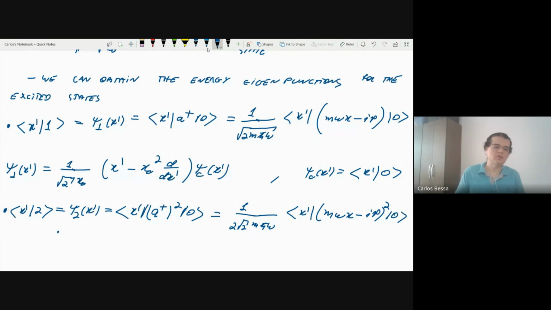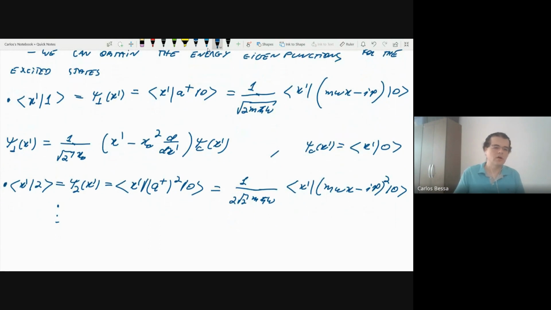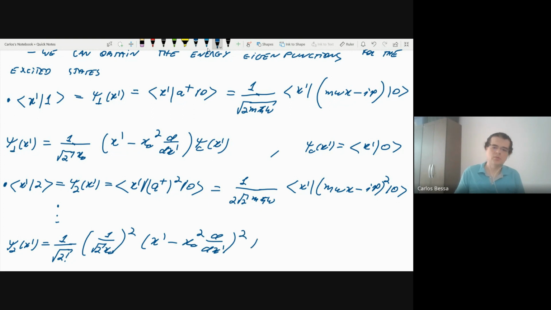And then, I'm not doing it again. This will have psi 2 equal to 1 over square root of 2 factorial, which is 2, 1 over x 0 squared, x prime minus x 0 squared d/dx prime squared psi 0 of x prime.